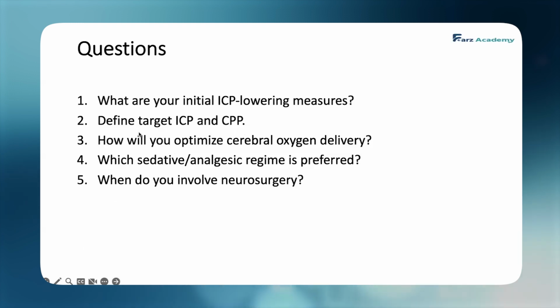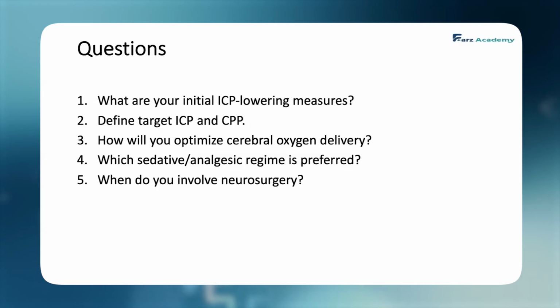Okay. My target cerebral perfusion pressure will be 40 millimeters of mercury minimum. No, CPP is around 60 to 65. And what is CPP? CPP is the MAP minus ICP.